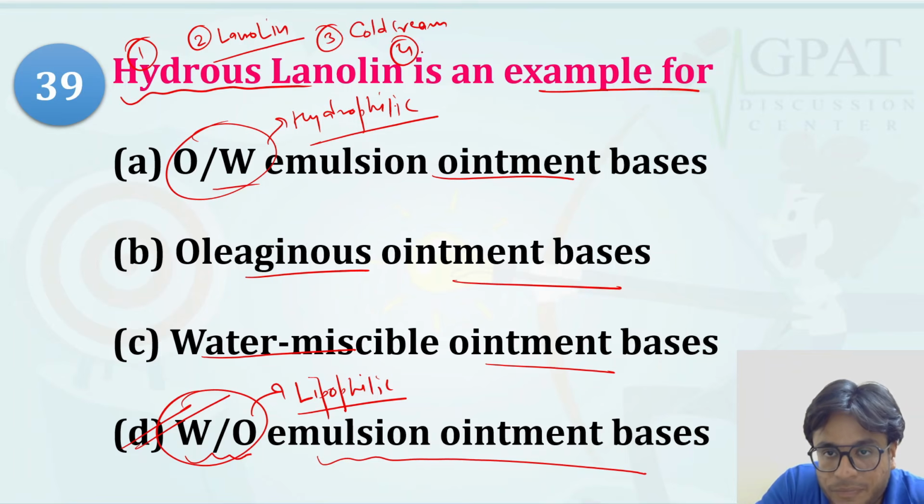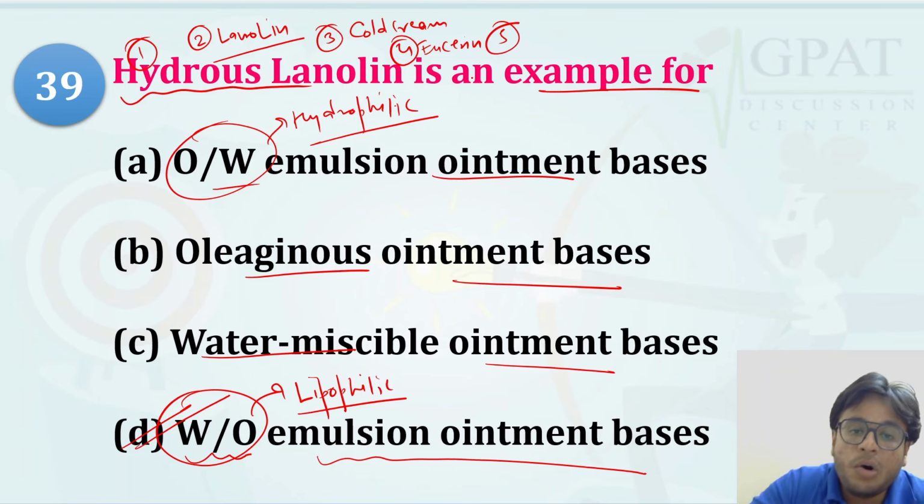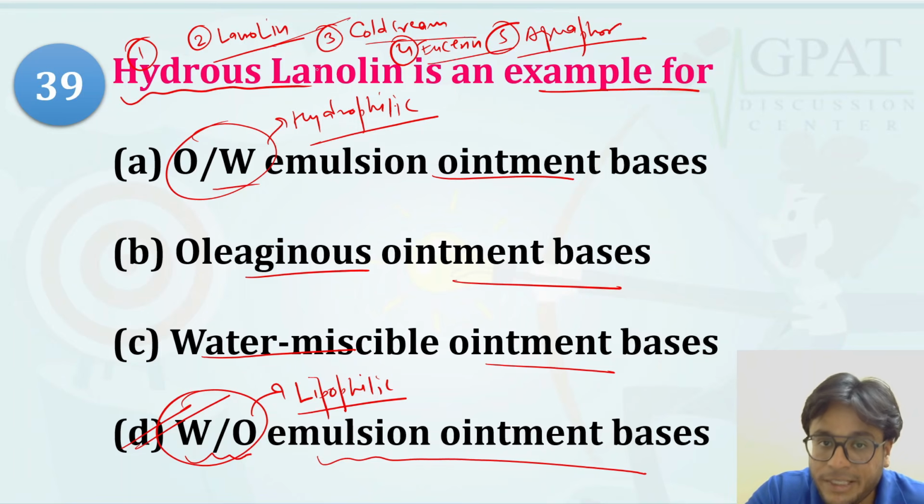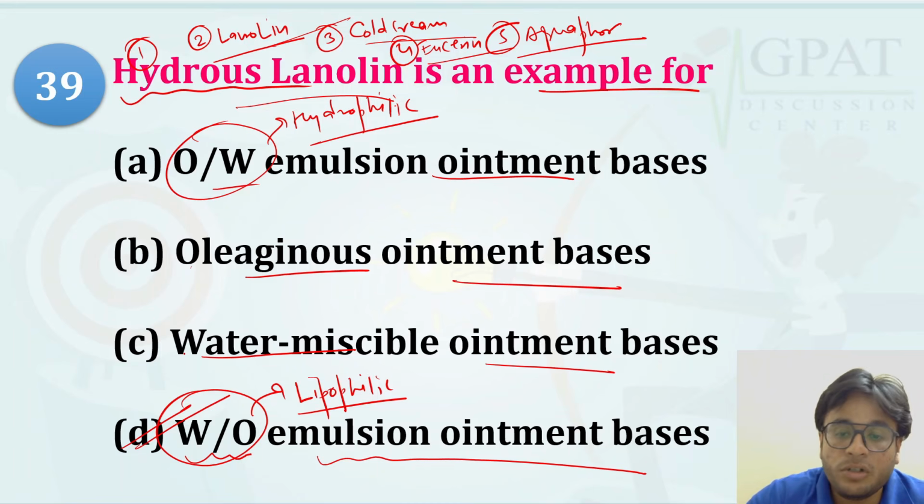Eucerin can also be an example of the water in oil type, or lipophilic type, of emulsion base. And aquaphor will also be an example. So the aquaphor, the eucerin, the cold cream, the lanolin, and the hydrous lanolin are examples of water in oil type of ointment emulsion. So D is going to be the correct answer.